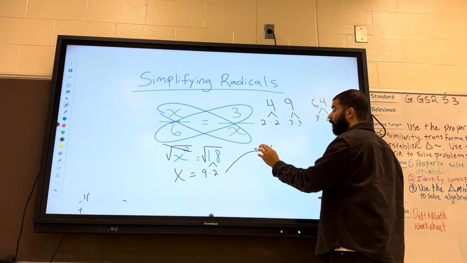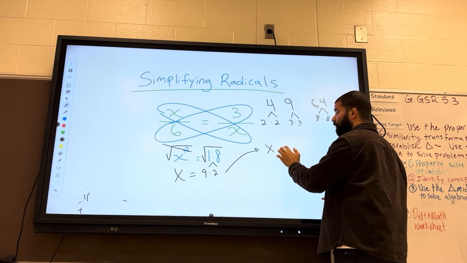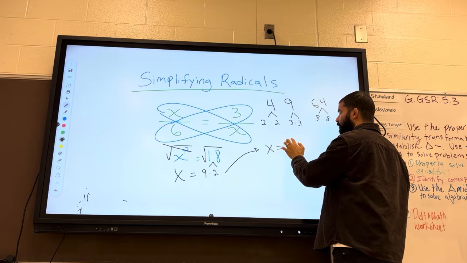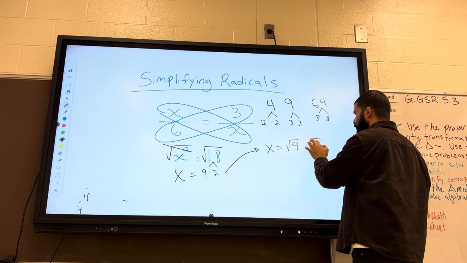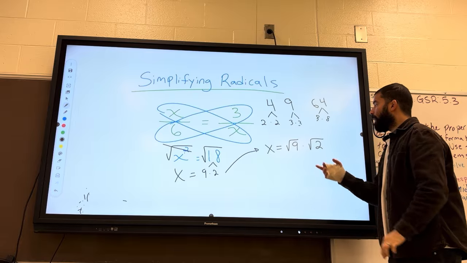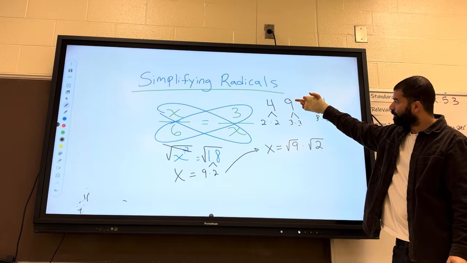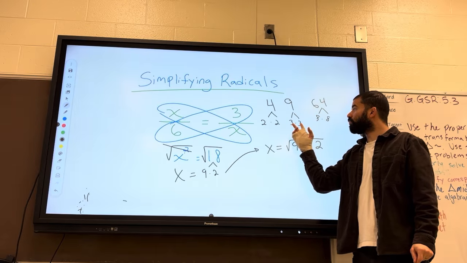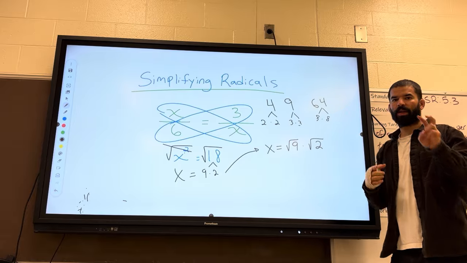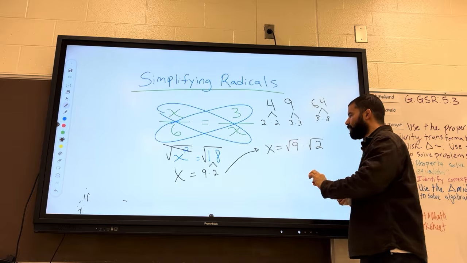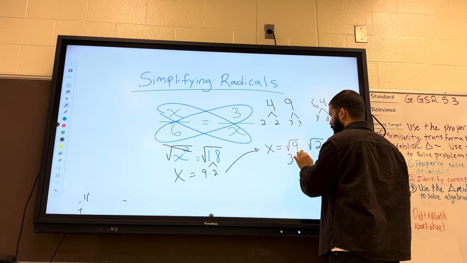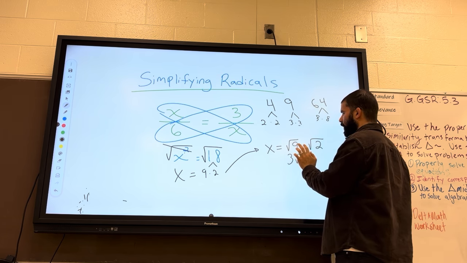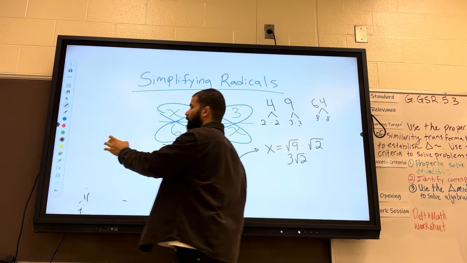So x, in the place where we've broken it down, is going to be radical 9 times radical 2, okay? And now we know that when you square root 9, you get 3, because it has 2 of the same number that multiply to it. So then we're going to get 3 radical 2. And that's our full answer, okay?